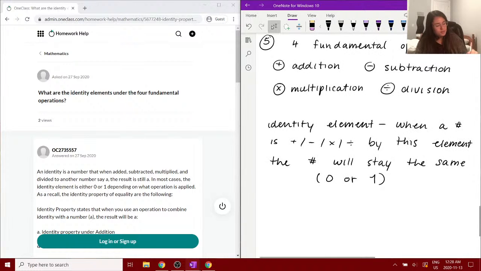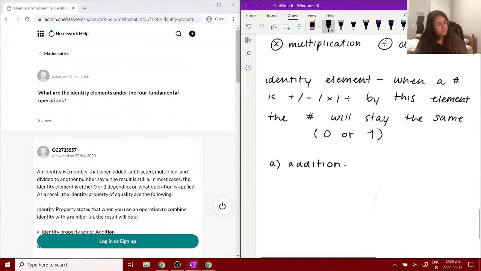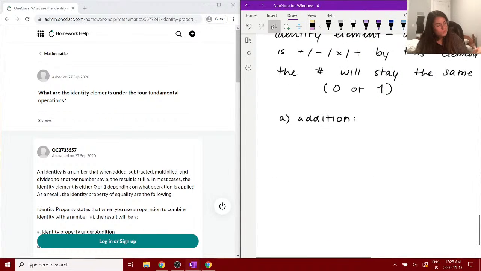Okay, so let's start with addition. Under addition, if we have a number or a value a and we add 0, then we get a back, right?